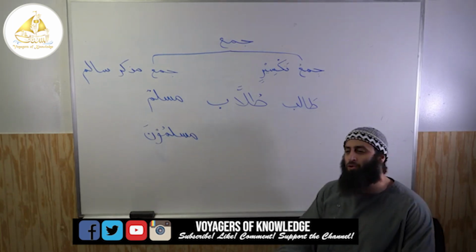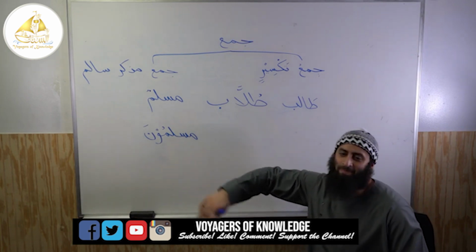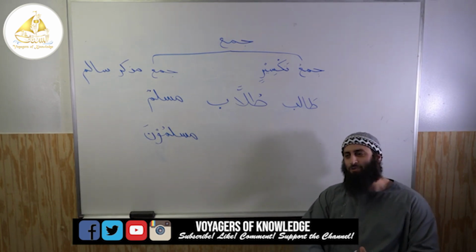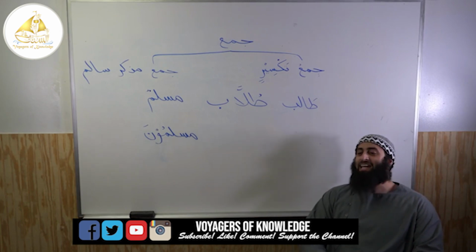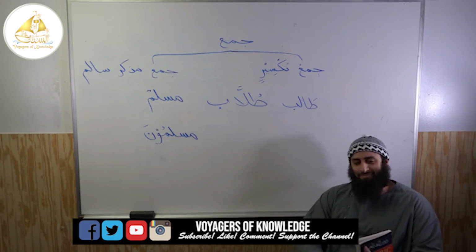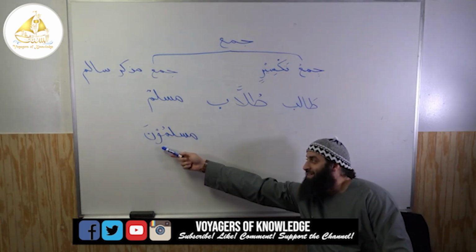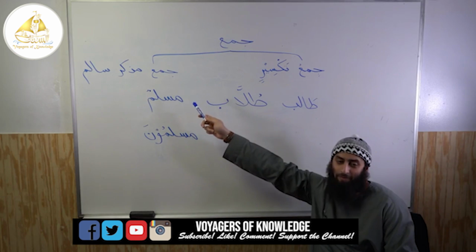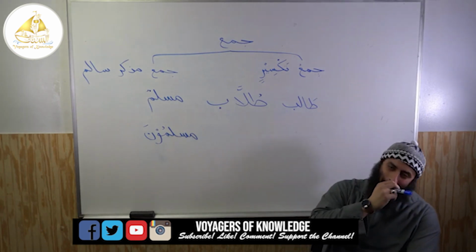Sometimes you hear muslimuna and muslimina. That's for this one. Muslimat. Yeah, but we're not taking that now. But it is adding alif ta. If you guys are keen on finding it, which 2 letters are they? For the sound feminine, it's add alif ta. Muslimat.